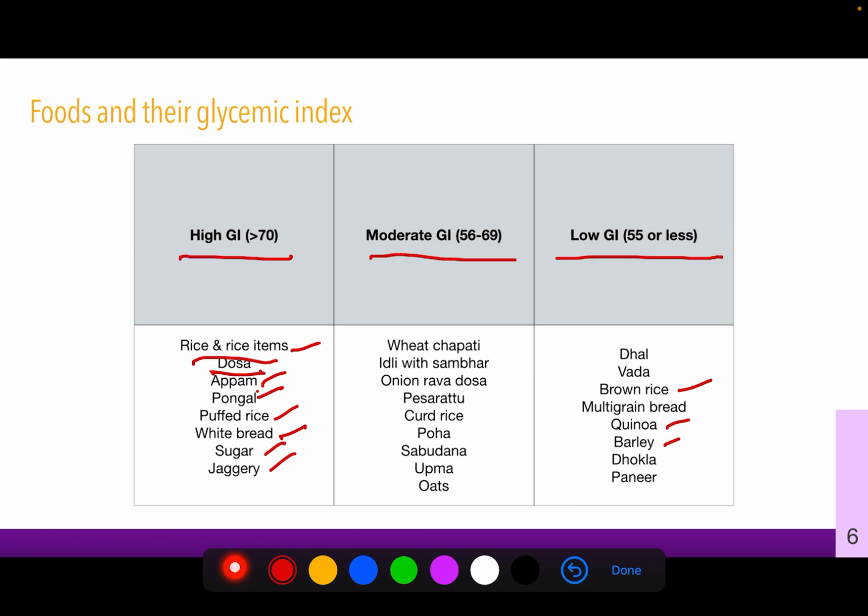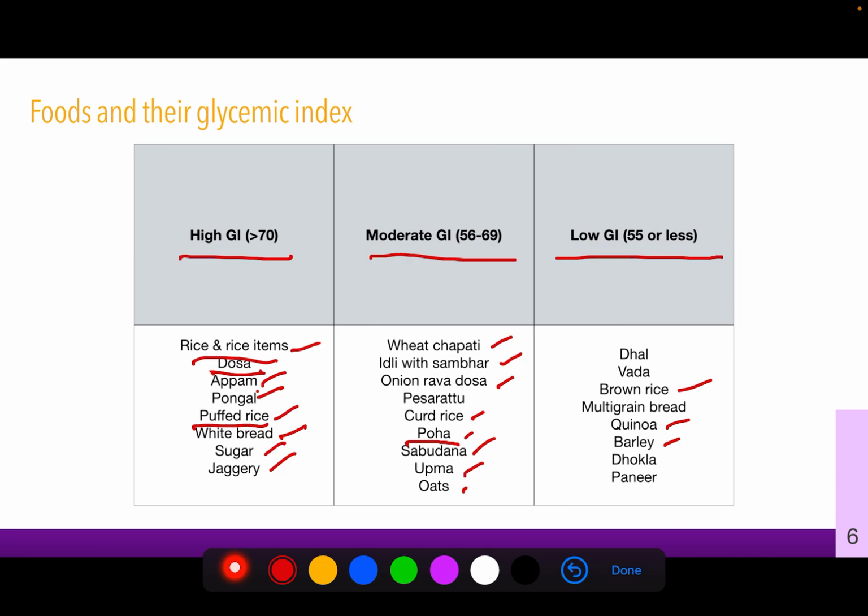Then they can also opt for intermediate, moderate GI foods, which have GI between 56 to 69. They can have wheat chapati, idli with sambar, onion dosa, curd rice, poha. So instead of puffed rice, you can tell the patient to have poha because this has a slightly lower glycemic index. Sabudana, upma, oats.